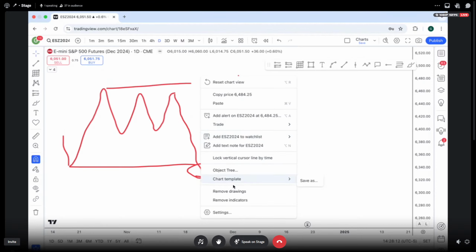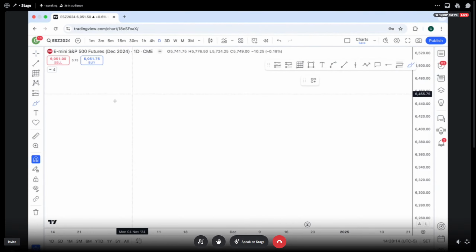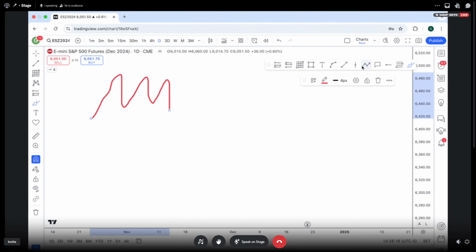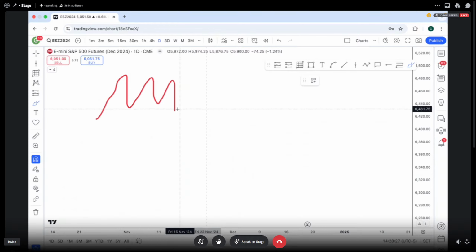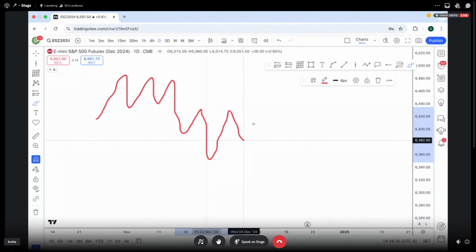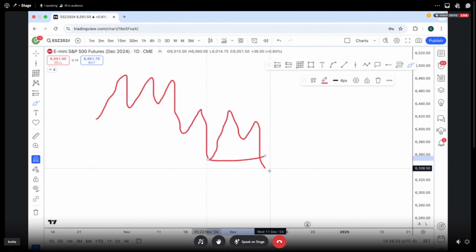Let me try to draw a different version for you. Sometimes you can just have a draw on liquidity, right? Let's say the daily opens right here. Let's say we do something like this. You manipulate low. So my range is that I want to target this high.